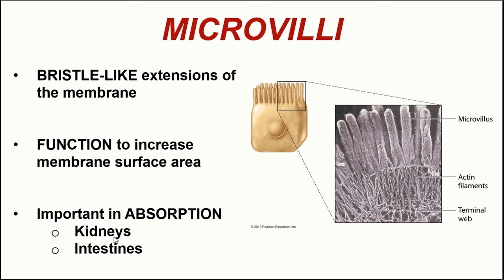And so the job of the cells there in the microvilli is to absorb as much of the water and the ions as possible, so that way our body can retain what it needs and it doesn't unnecessarily lose it to the urine. We also see microvilli in the intestines, like the small and the large intestines, where they absorb nutrients and water in those locations.